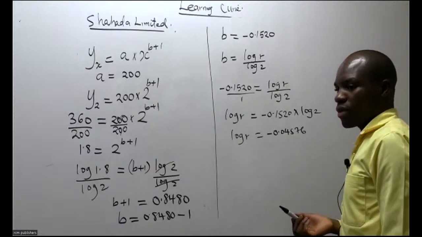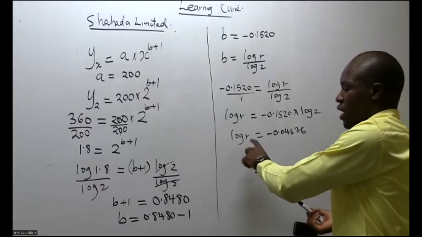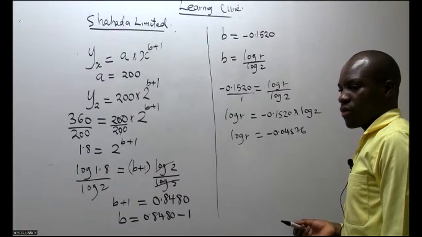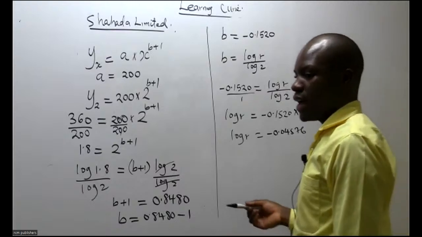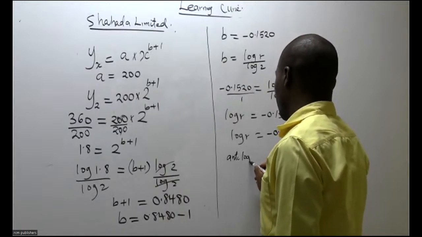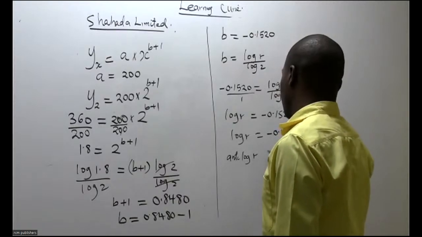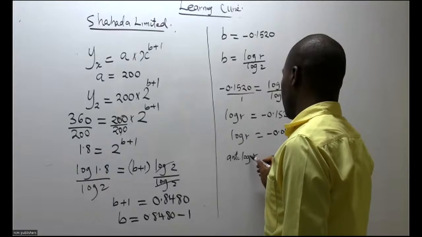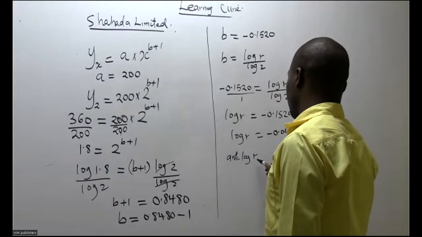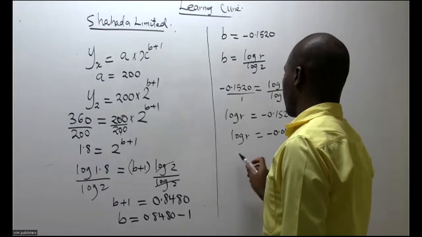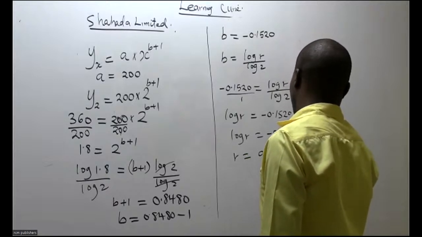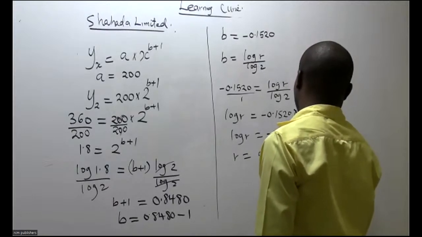What do I do? If I want to get R now, not log R, I need to get the anti-log. Just get the anti-log. So divide both sides by the anti-log, and you'll be able to get your R. R is equivalent to anti-log negative 0.04576.